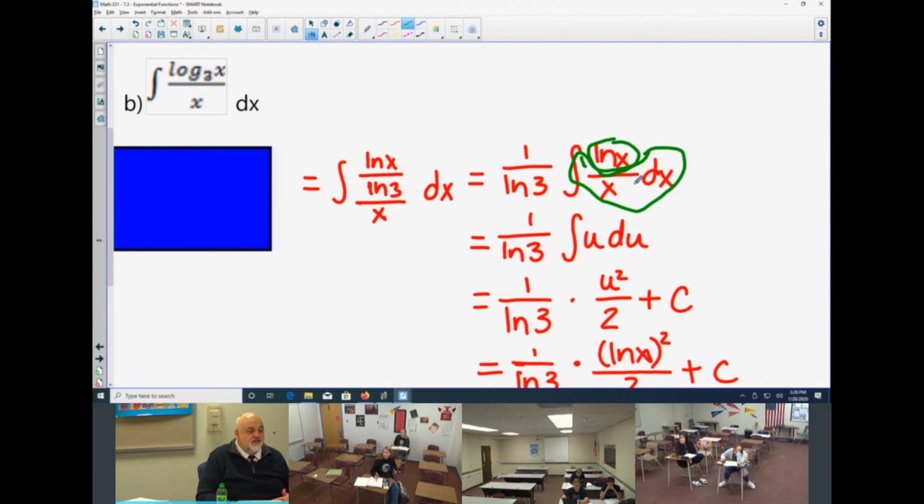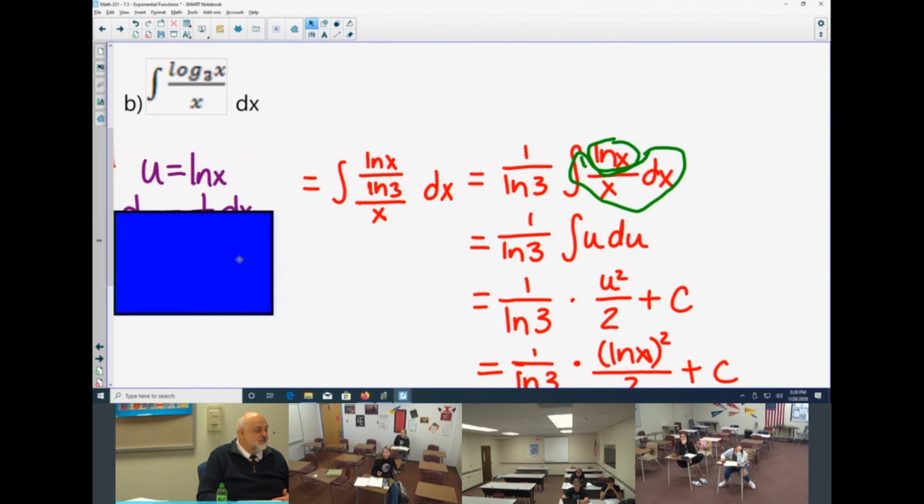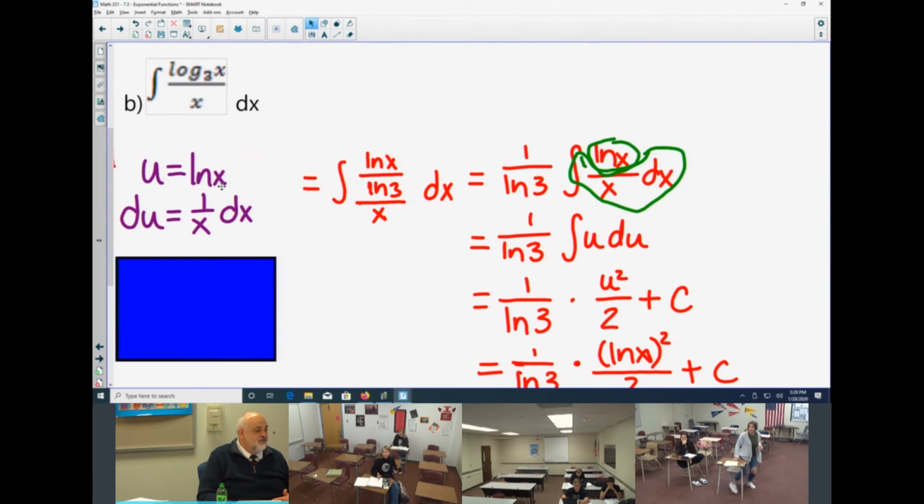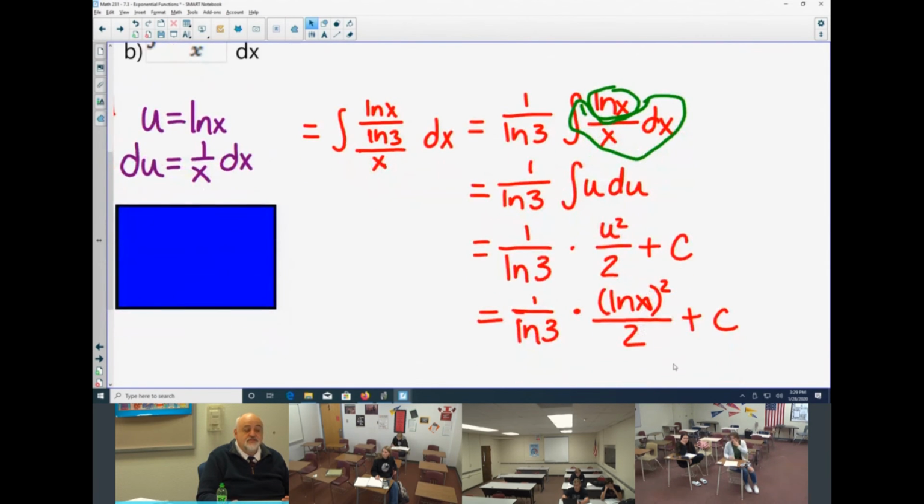So we actually have it written over here. If u is natural log of x, then du is 1 over x dx. So then this just becomes the integral of u du. And so now we can use the anti-power rule: add 1 to the power, divide by that new power, and then substitute back what natural log of x was.